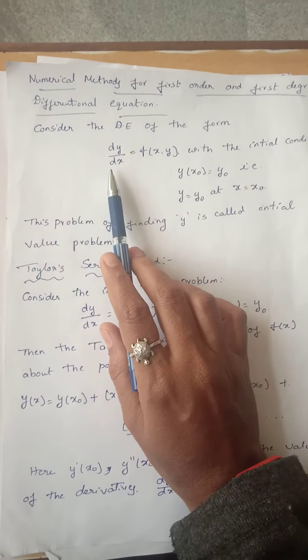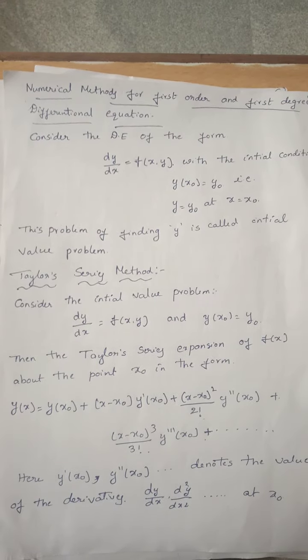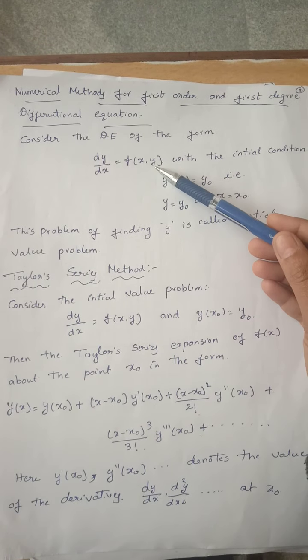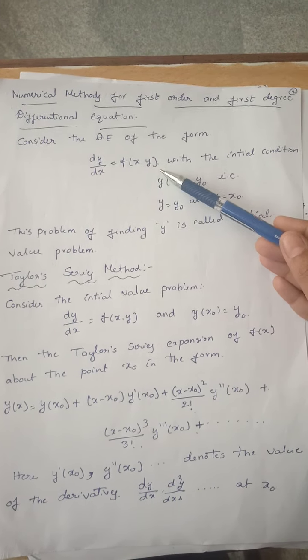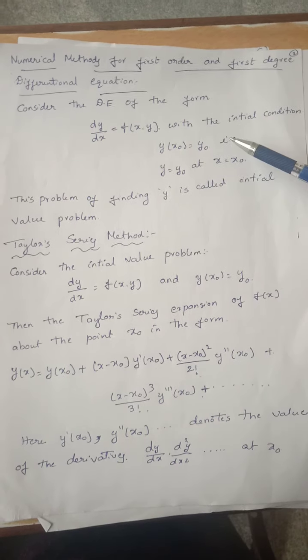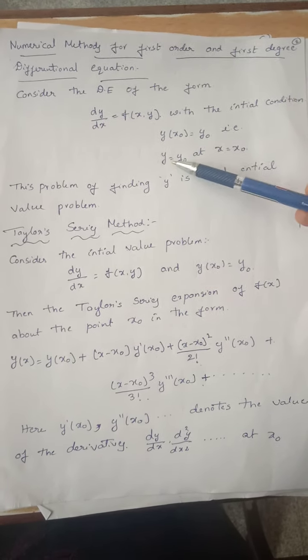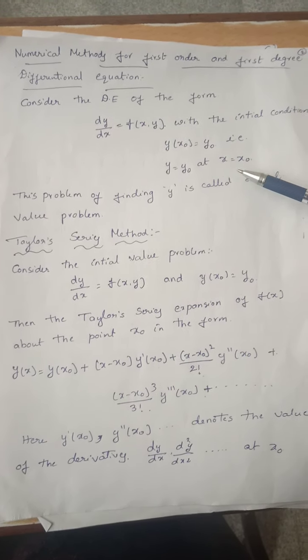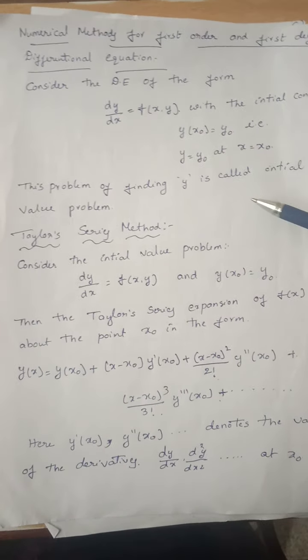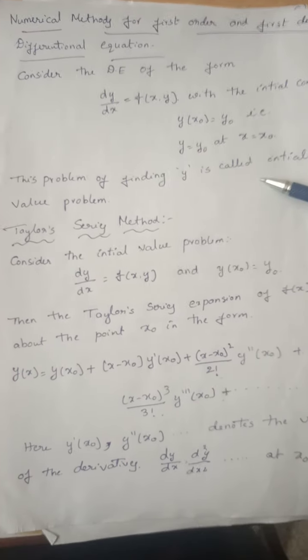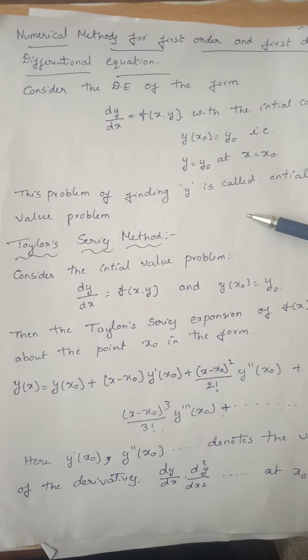The differential equation is of the form dy by dx is equal to f of x comma y. This is the first order and first degree differential equation, and the initial condition is given: y of x naught is y naught, means y is equal to y naught when x is equal to x naught. This problem of finding y is called the initial value problem.